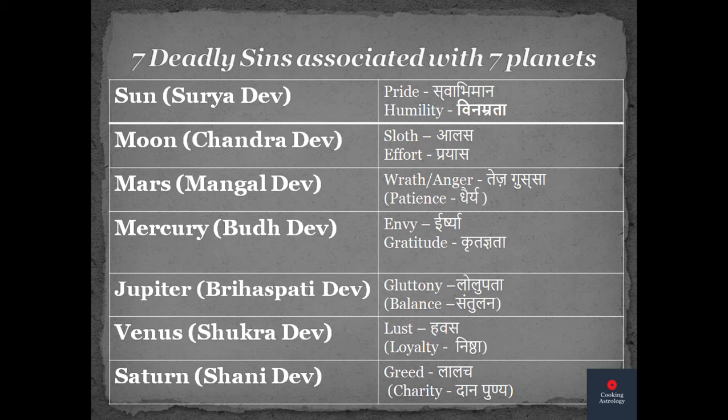Next is planet Mars, which is Mangal Dev, and planet Mars is associated with anger. The anger which is present inside you. You get angry at small little things, and you have no patience.